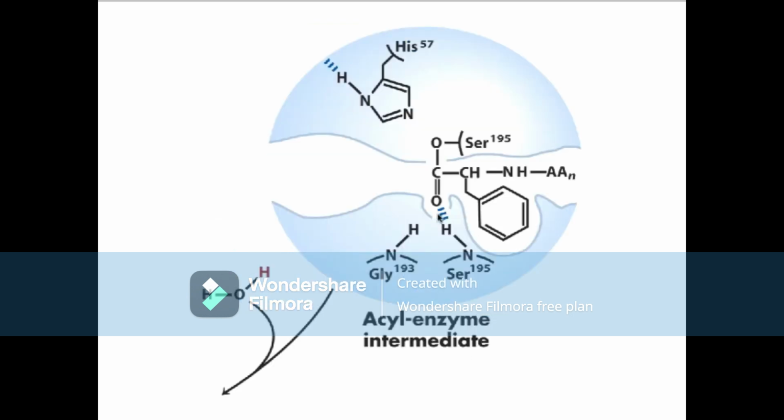Okay, now, so that's left, and now we have this state where the amino terminal peptide, which ends in the aromatic, is linked to the enzyme via an ester linkage. The carboxyl group is linked to the serine hydroxyl as an ester. Okay, now we're halfway done. Now what we have to do is hydrolyze this ester.